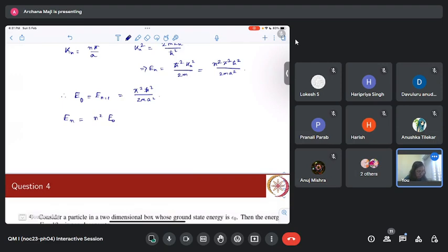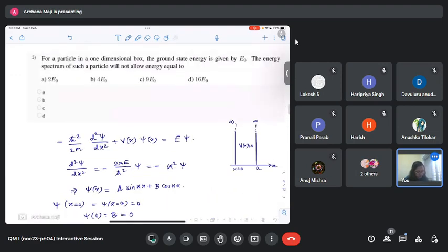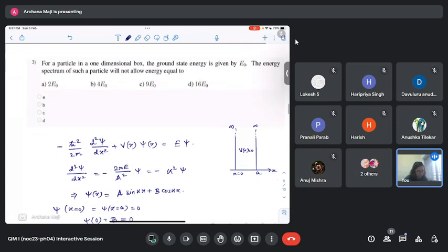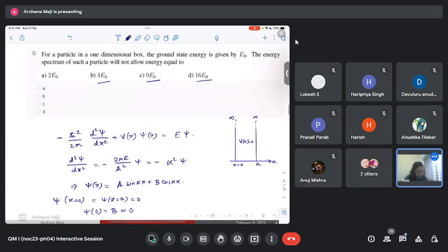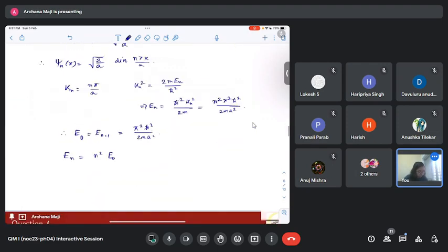So basically you will never get 2E0 because n is always an integer. So for n equal to 2 you will get 4E0, n equal to 3 gives 9E0, and so on, 16E0 for n equal to 4. So this is the correct option, as two of you mentioned. Okay.